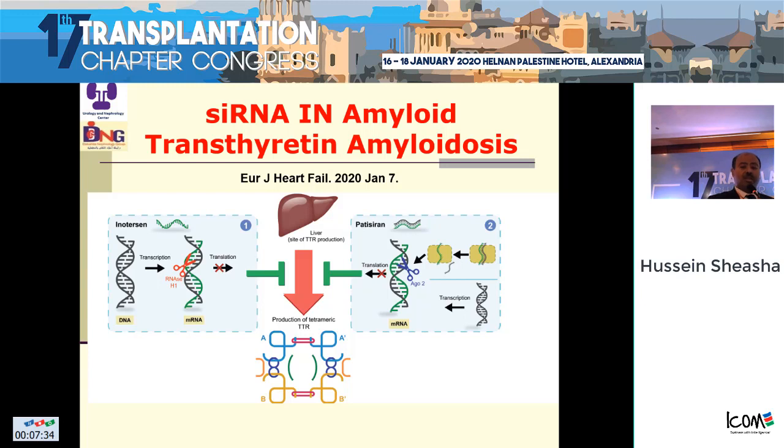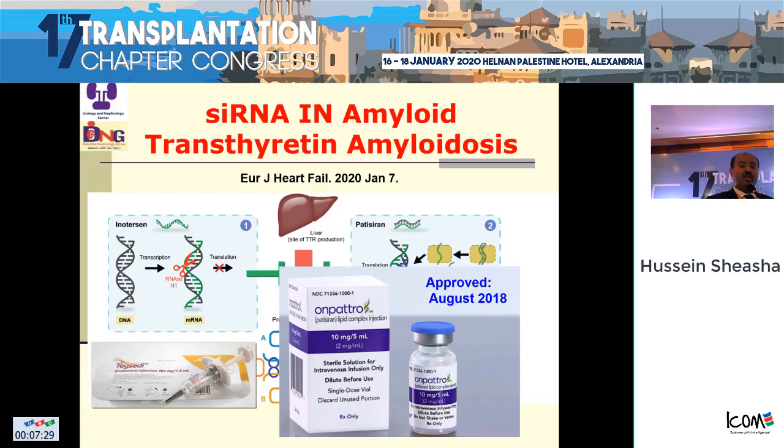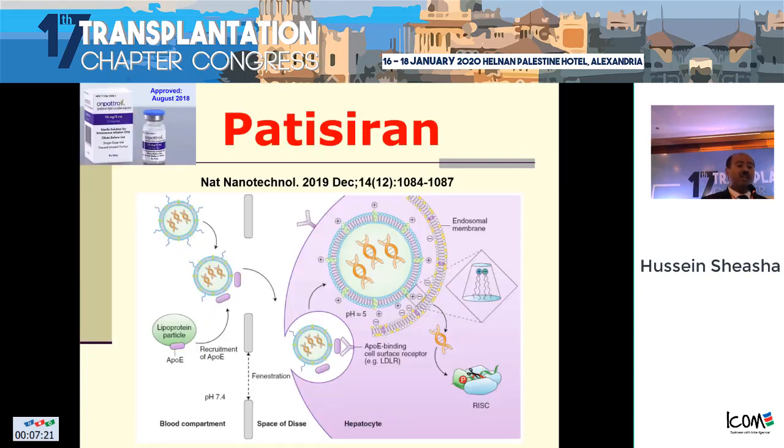And this is the cartoon of the two drugs, and this is the approved one, Onpattro, which was approved in August 2018 by FDA. And this is the technology. This drug, Onpattro, is transfected through lipid bilayer.